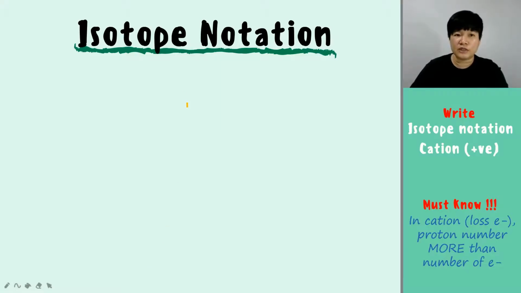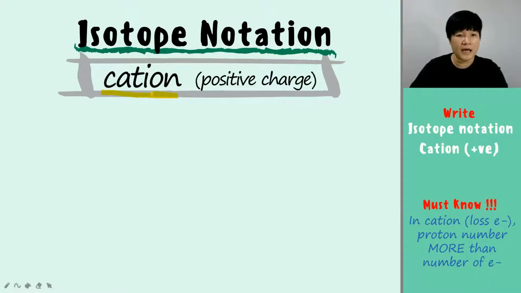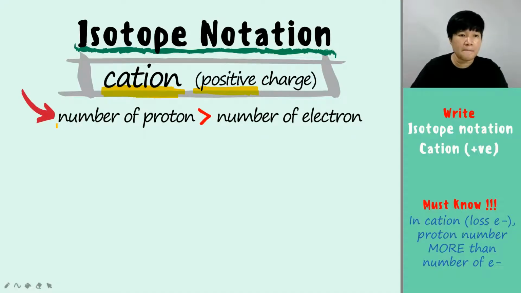Next, we are going to look into isotope notation for cations. And a cation obviously is a positively charged ion. And it will become positive because the number of protons is more than the number of electrons. In other words, electrons are being removed.